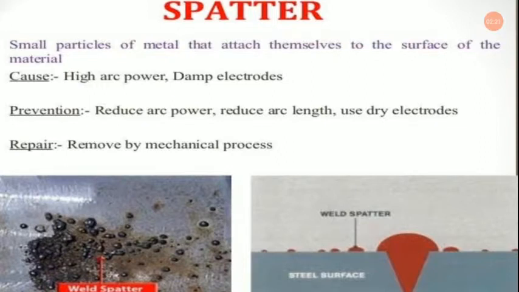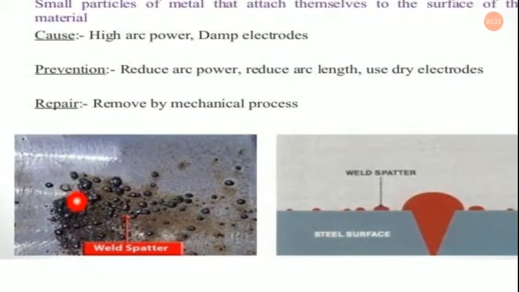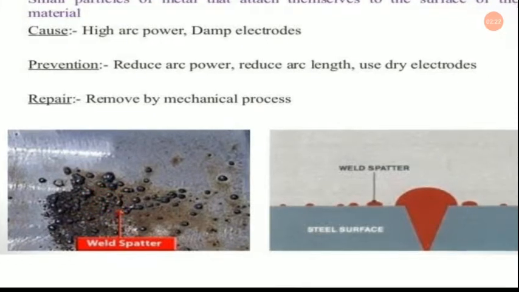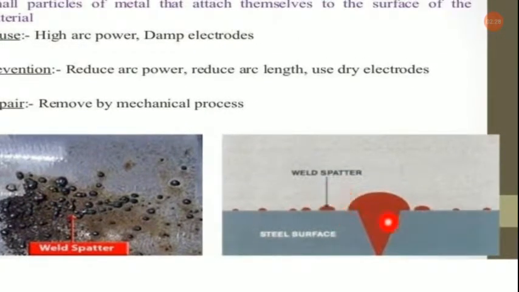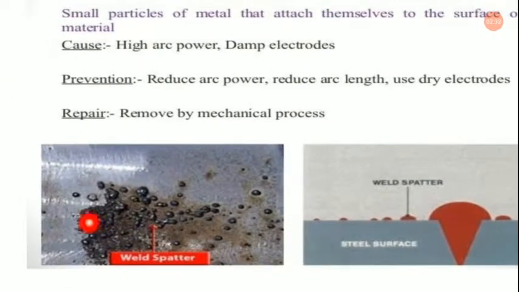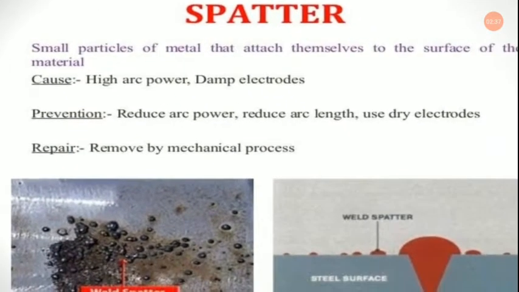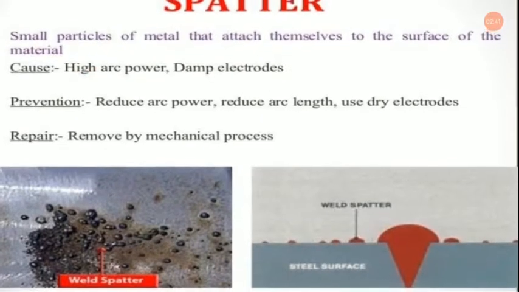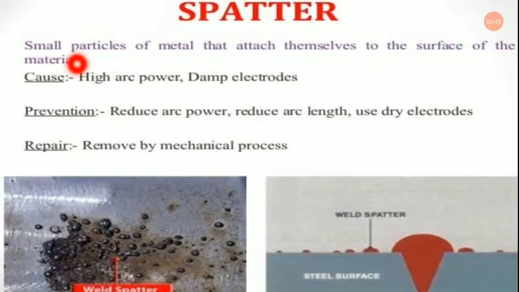Next is spatter. As you can see over here, this is a spatter. The actual picture looks like this, and here on the right hand side you will find the schematic diagram. This is what weld spatter actually looks like. Spatter is when small particles of metal attach themselves to the surface of the material.